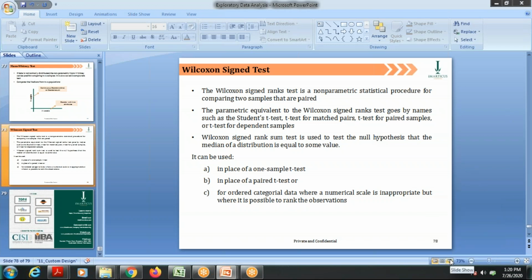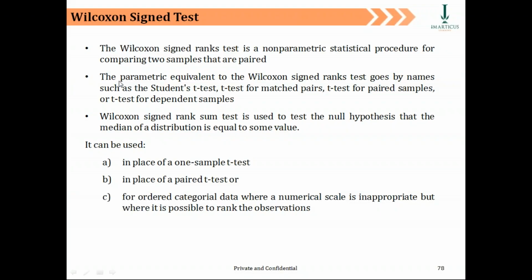Okay. Perfect. So it says the parametric equivalent to the Wilcoxon sign test is the t-test. So remember the t-test. In the t-test, we compare if the same information is given, considering their marks, that is, what percentage of marks they got.